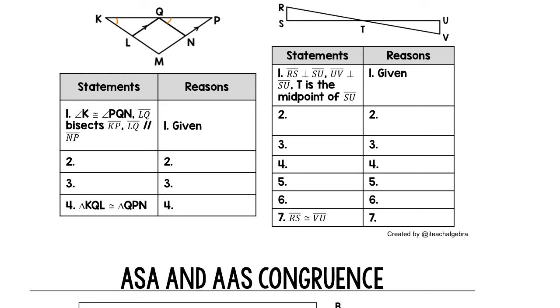So let's first say that we have the bisector here. LQ bisects KP. All right, so we'll know that segment KQ is congruent to segment PQ because that's the definition of a segment bisector.